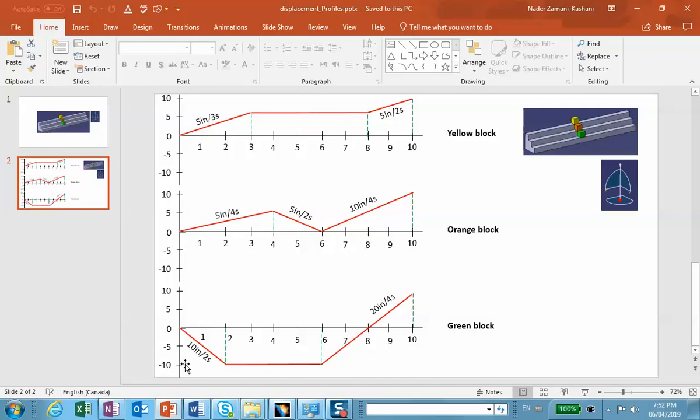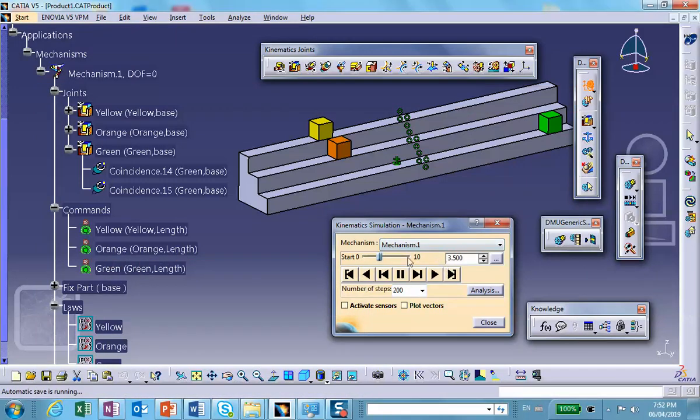The break point for these is not the same. When it reaches 4 seconds, the orange one goes to the right. We haven't got to the 4 second yet. See, when it gets to the 4-second time, there, the orange one should go to the right now. Yep, that's good.